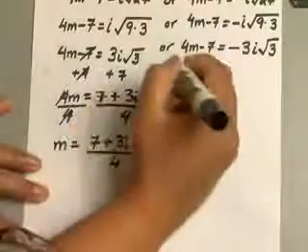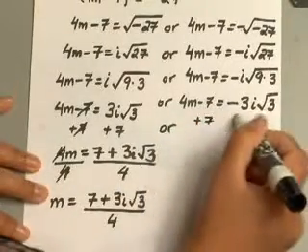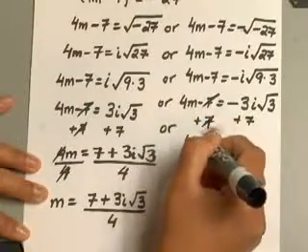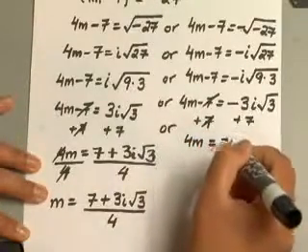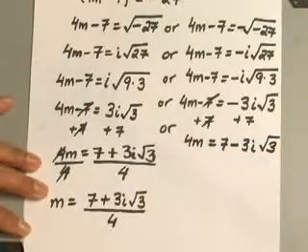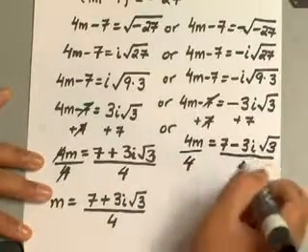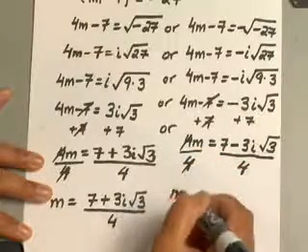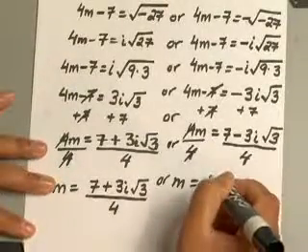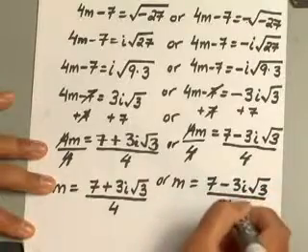And we'll do the same thing on the other side. Again, start by moving your 7 over. So you are left with 4m equals 7 minus 3i square root of 3. Again, you cannot combine the two terms. Now get m by itself by dividing by 4, and your second answer will be m equals 7 minus 3i square root of 3 over 4.